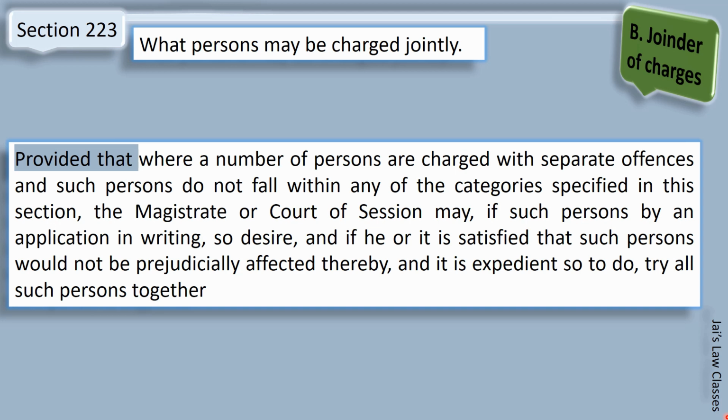They may be charged entirely different things, but when they are tried together, they can make an application to the magistrate or the session court that they should not be tried together because the charges are entirely different. But if in case the magistrate or the court of session thinks that it doesn't matter, they can be charged together, then definitely they will be charged together and they will be tried together.